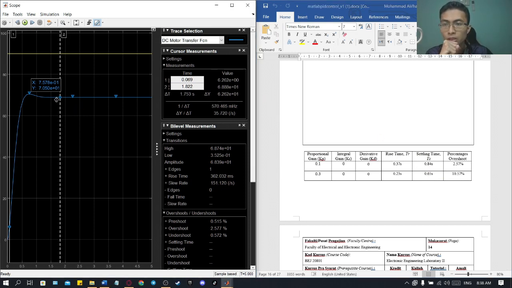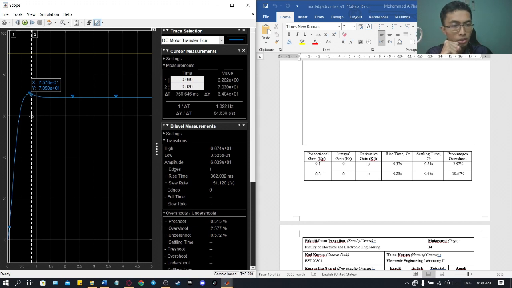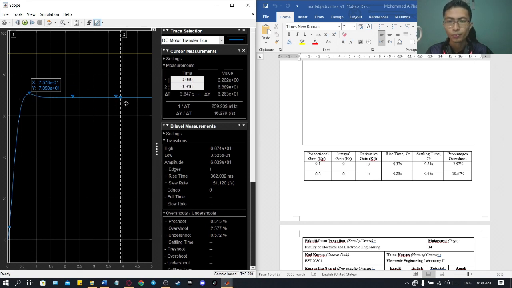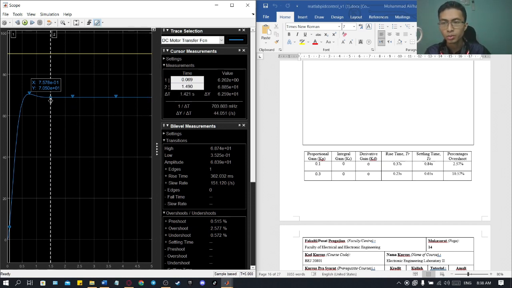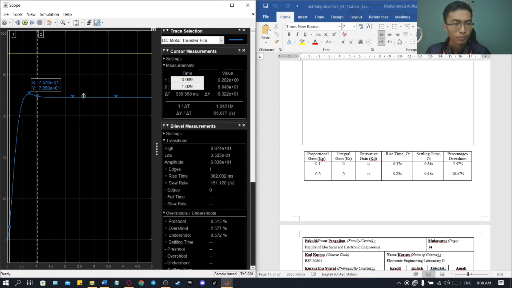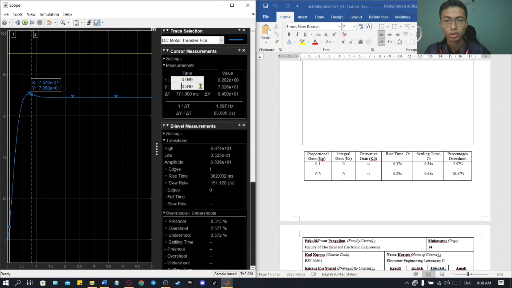Here you can drag the cursor tool. As you can see, around 0.4. Okay, over here is where the settling time starts. I take about 2% of the final value, 6.889, and calculated with 102%, we will get 7.026 at 0.84 seconds.